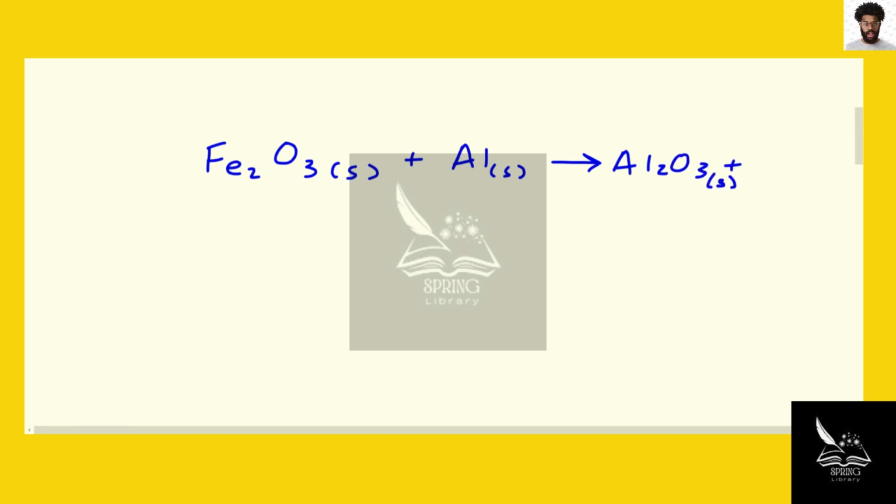So in this problem, we're going to be talking about the thermite reaction. The thermite reaction is really cool because you take iron 3 oxide, which is a solid, and react it with aluminum metal, which is also a solid, and it creates aluminum oxide, a solid, and liquid iron.